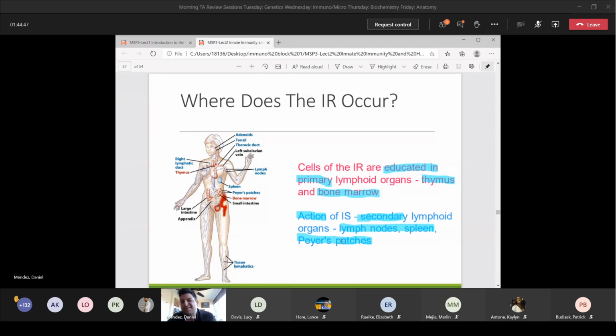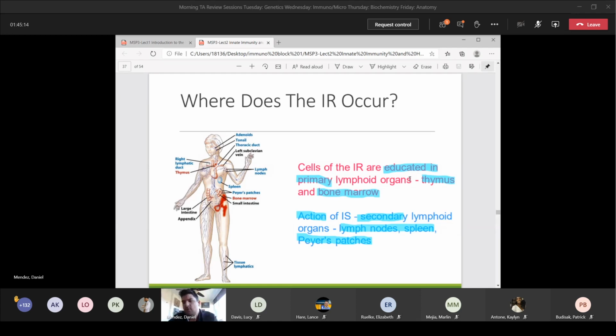Peyer's patches are essentially lymph nodes in your small intestines, and you'll go through that later. But mainly know that the action of the immune system doesn't occur in primary lymphoid organs. You're not going to have a T cell response or a B cell response in a primary lymphoid organ, aside from education in itself.